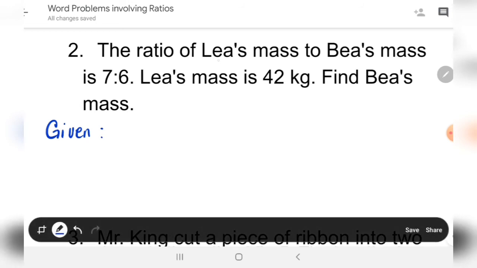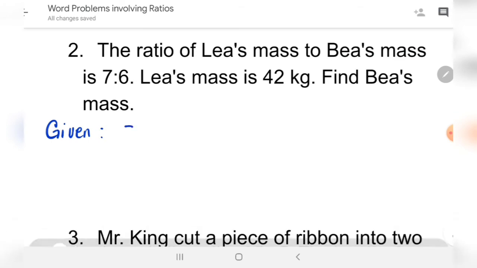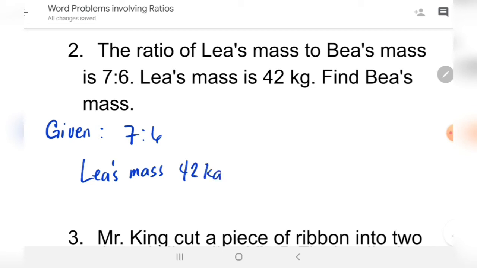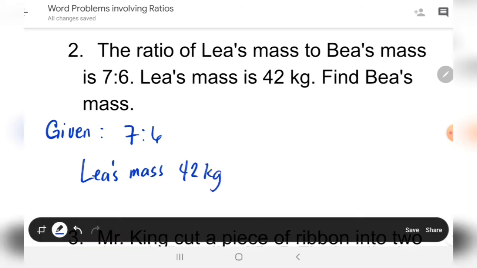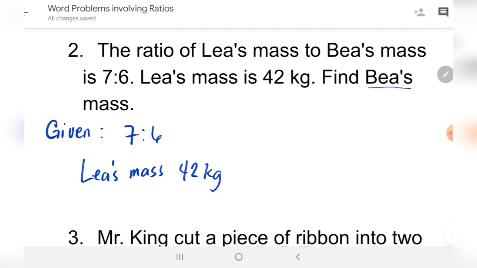In the problem, it states that the ratio of Leia's mass to Bea's mass is 7 to 6, and Leia's mass is 42 kilograms.